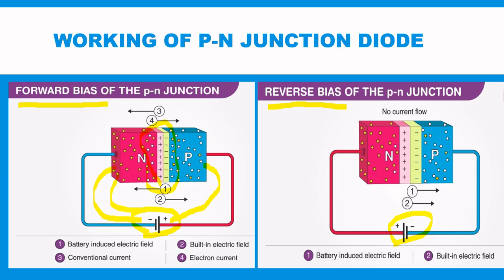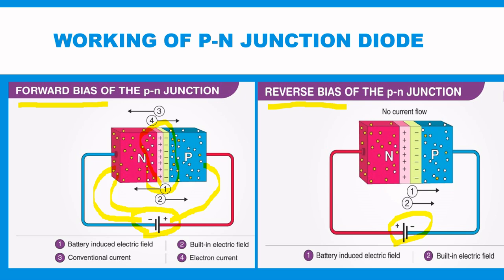When the applied voltage is increased, the width of the depletion region and hence the barrier potential are further reduced. This results in a large number of electrons passing through the junction, resulting in an exponential rise in current through the junction.